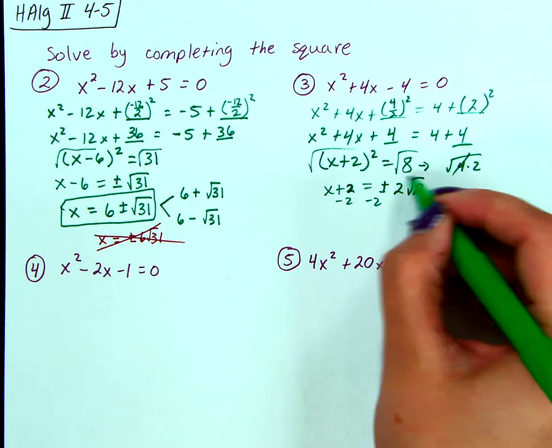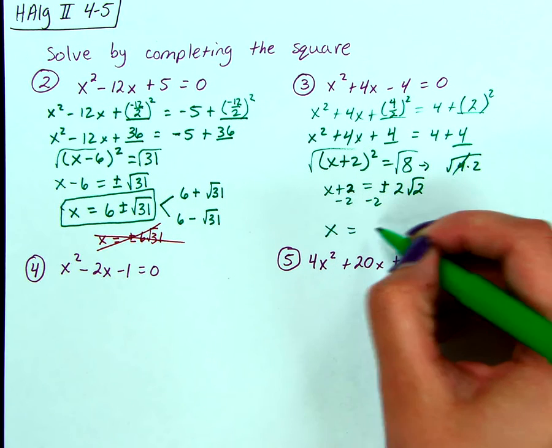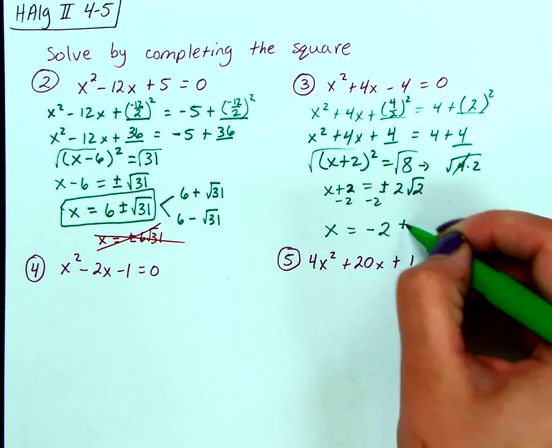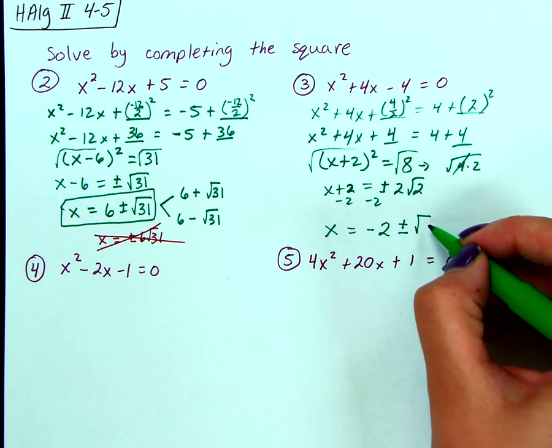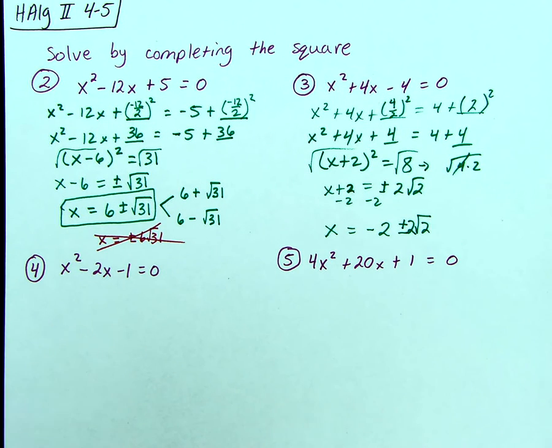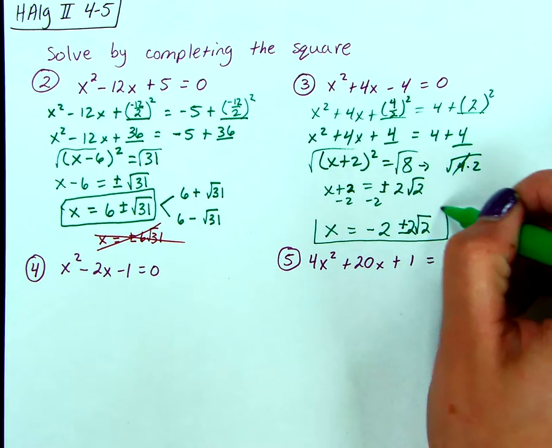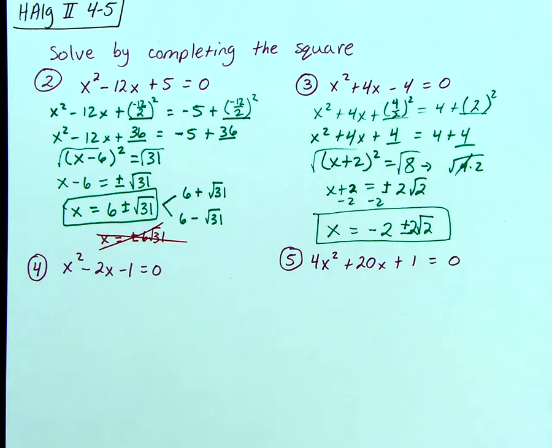So again, I'm going to put that in front of the radical. So we will have x equals negative 2 plus and minus 2 square root of 2. And again, we can't combine because this first one doesn't have a radical. So these would be my final 2 answers.